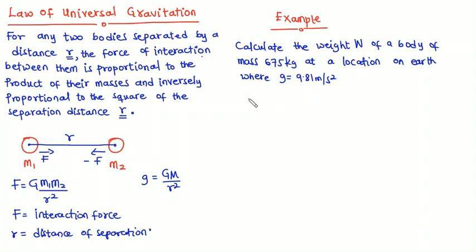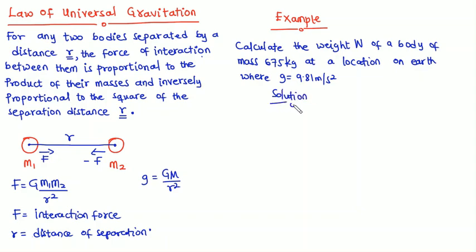Earlier on we learned that the value of the acceleration due to gravity can change depending on the position of an object on the surface of Earth. If the distance between the center of the object and the center of the Earth is very close, then the g value is going to increase. But if the distance is very far, then the g value is going to decrease. So we are going to apply the weight force concept to solve this question.